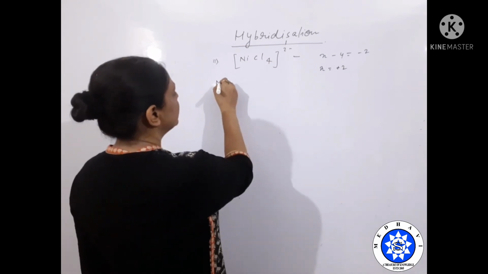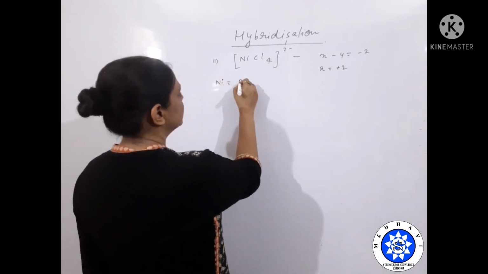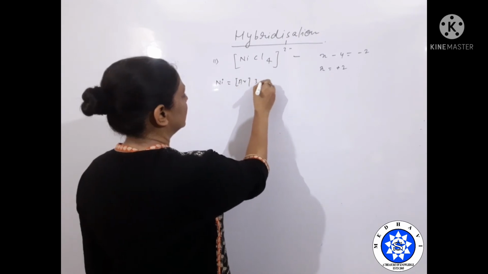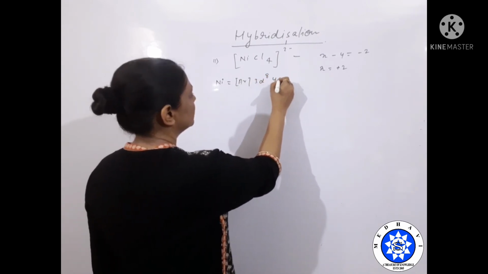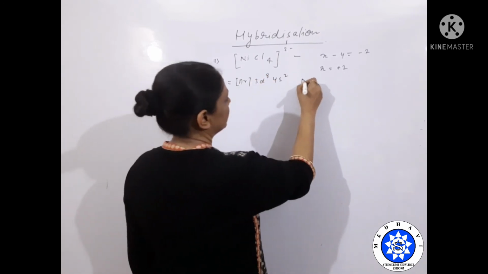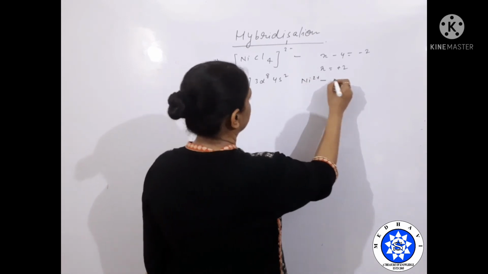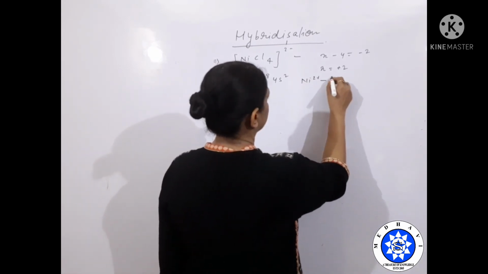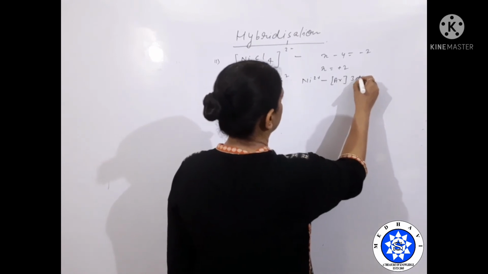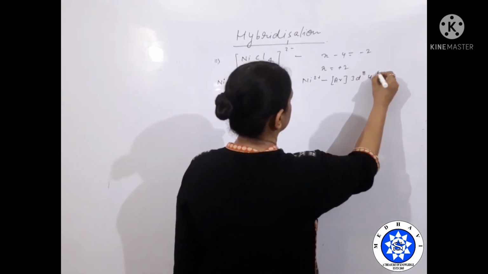Then nickel electronic configuration. It is 3d8 4s2. And it is 3d8 4s0.